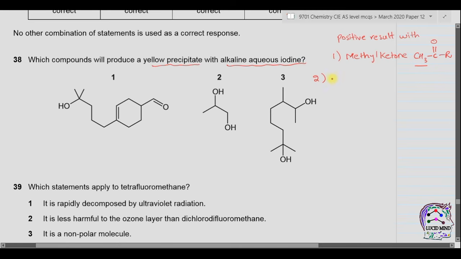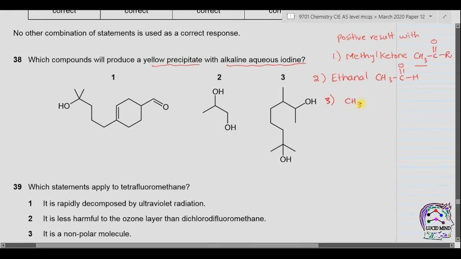Second is ethanal, CH3 C double bond O H. So this one gives a positive result with aqueous iodine. Third one is the secondary alcohol group.